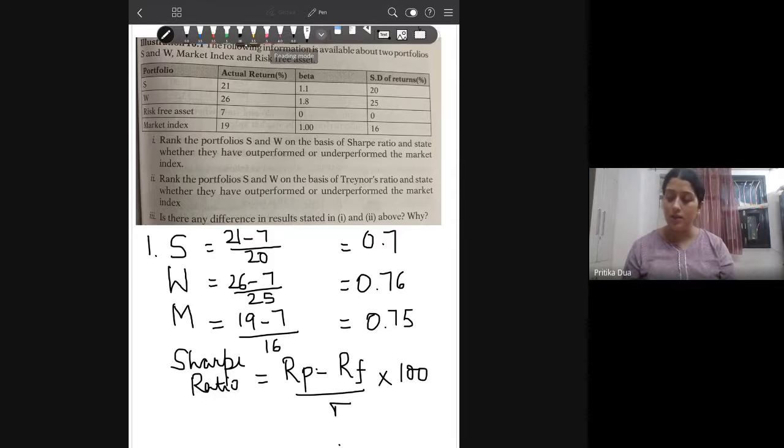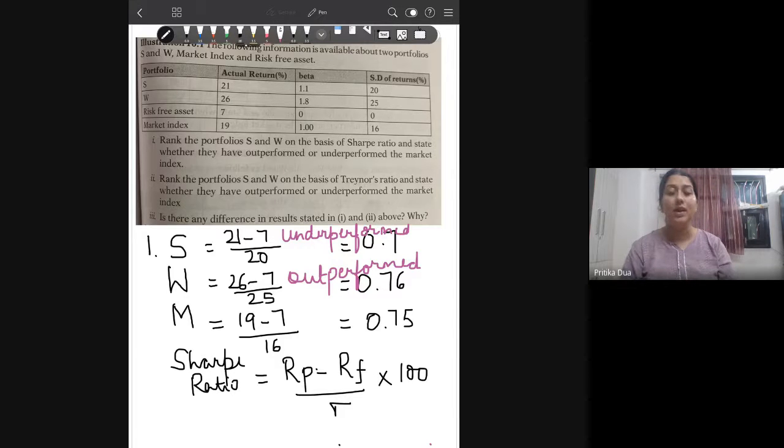So you can clearly see that W has outperformed the market while portfolio S has underperformed the market. So by comparing their return with the market return, we can say that portfolio S has underperformed the market while portfolio W has outperformed the market.